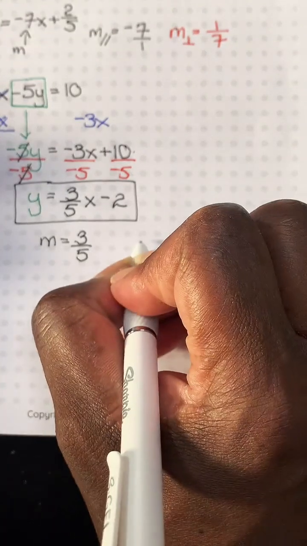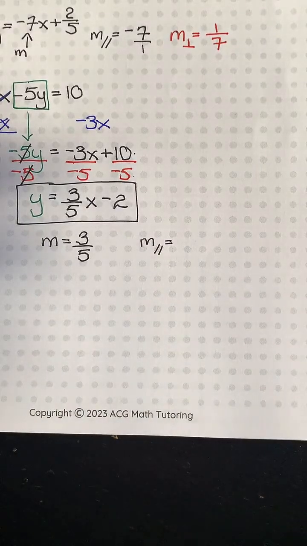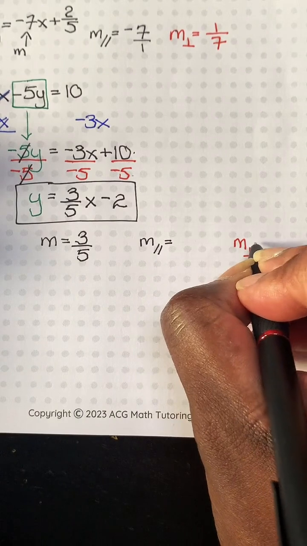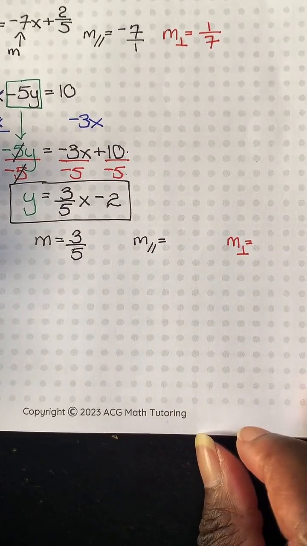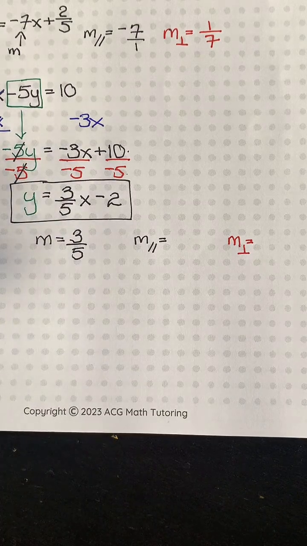Like, what is the slope of the parallel lines versus what is my slope of perpendicular lines? Go ahead and put that in the chat. What's the slope of parallel lines versus what's the slope of perpendicular lines?